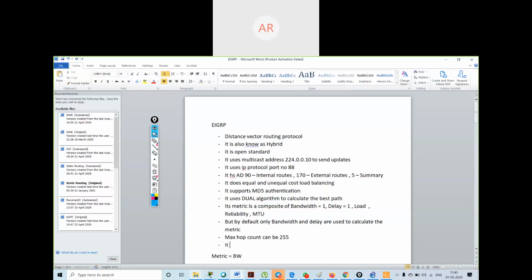Then it uses 20% of jitter delay time to synchronize updates. What is jitter delay? What is jitter?